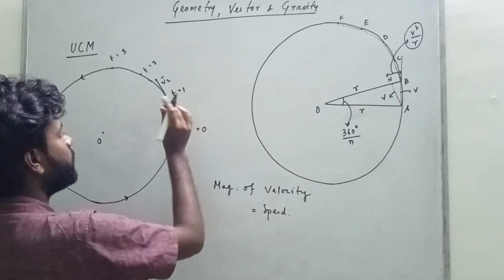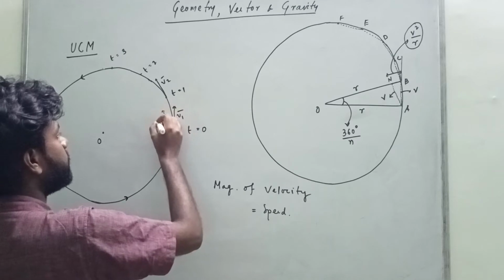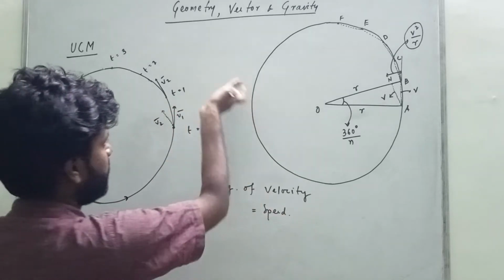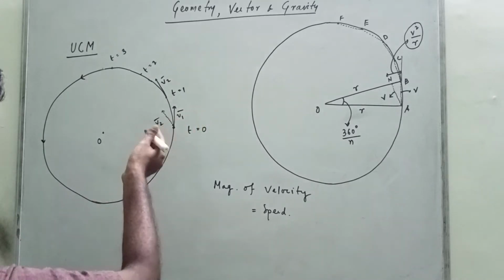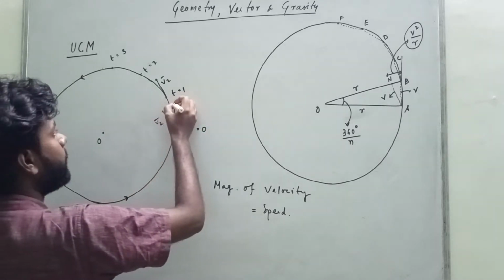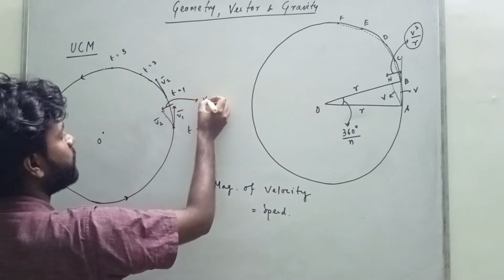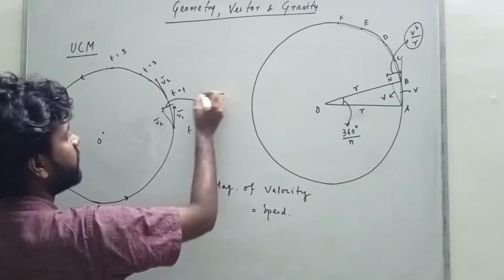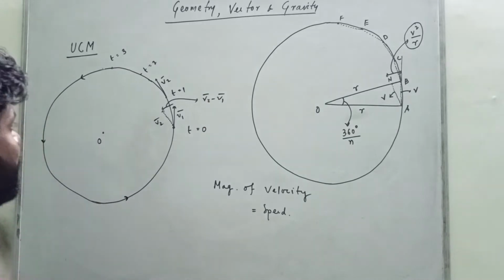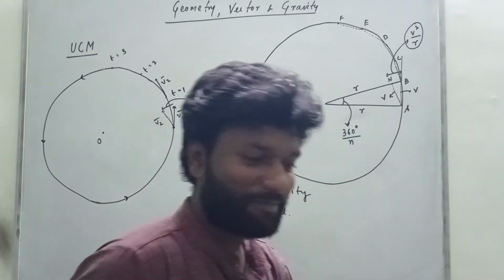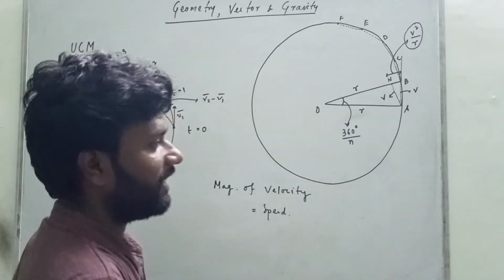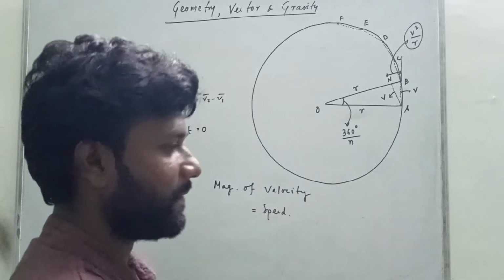It is a new v2. And from our previous calculations, it is v2 minus v1, this thing here. The final velocity minus the initial velocity means the change of velocity, right?